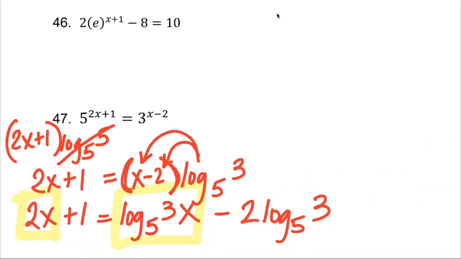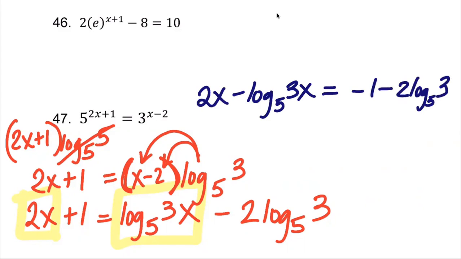So I'm going to rewrite this as 2x minus log base 5 of 3 times x equals -1 minus 2 log base 5 of 3. And it doesn't matter which order you put them in. You could put the 2 log base 5 of 3 first, then -1. It doesn't matter.